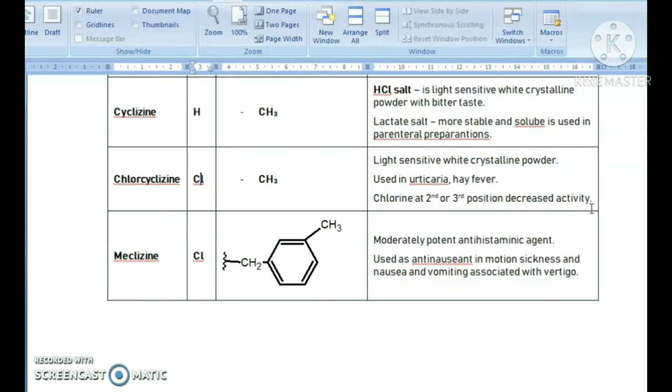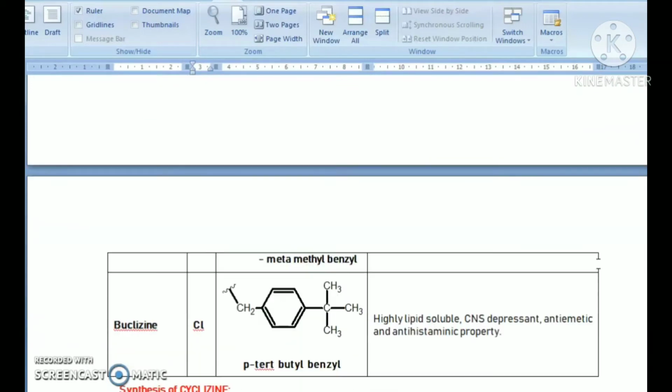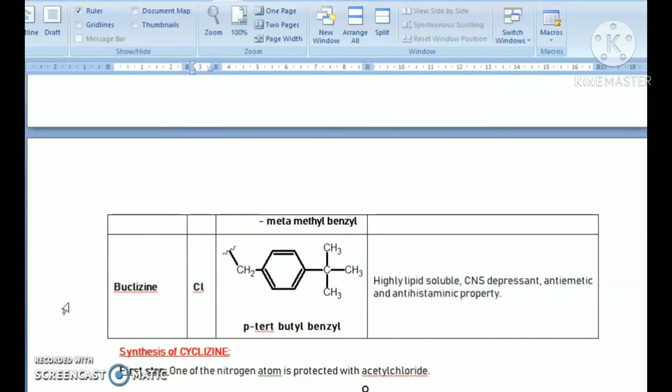It is used in motion sickness, nausea and vomiting associated with vertigo, etc. In buclizine hydrochloride, R is also a substituted benzyl derivative, and that benzyl ring at the para position carries a tertiary butyl group. The presence of the butyl group gives the name buclizine. It is highly lipid soluble, and so it can readily cross the blood-brain barrier. So it is a CNS depressant, and it is used for its antiemetic and antihistaminic property.